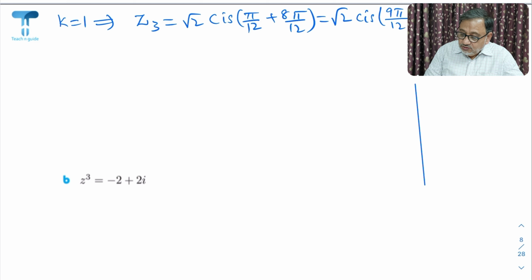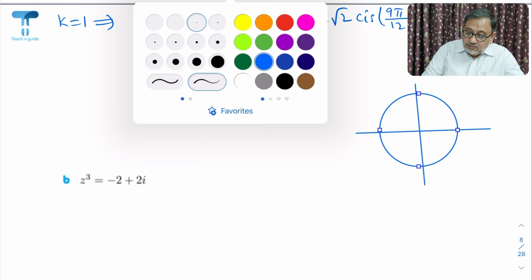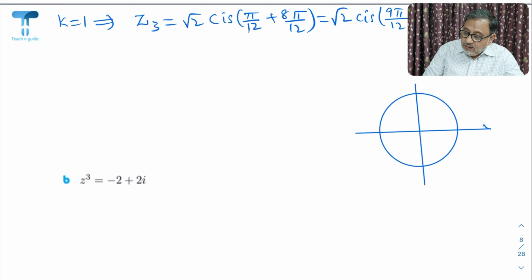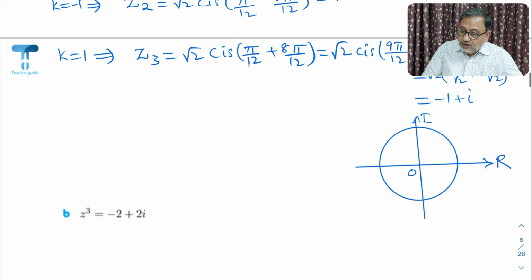Let me show them on the complex plane. Yeah, so this is the real axis, origin, imaginary axis, and this root will be root 2 cis pi by 12.